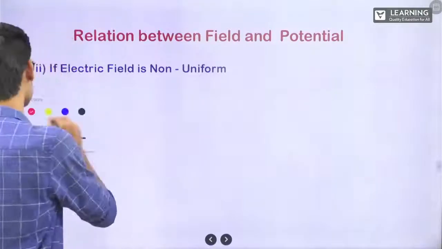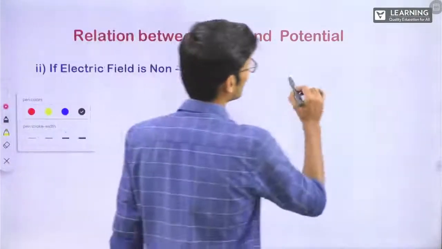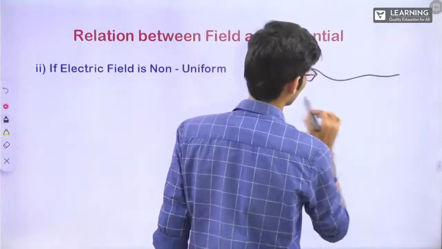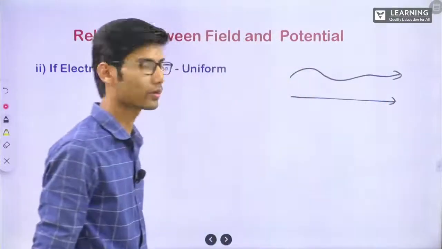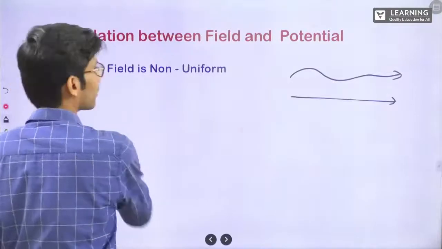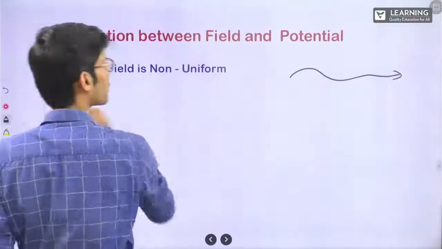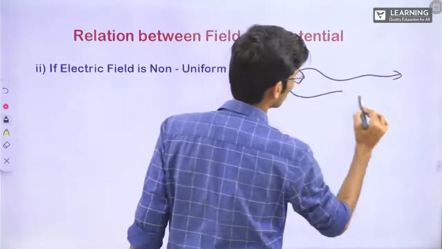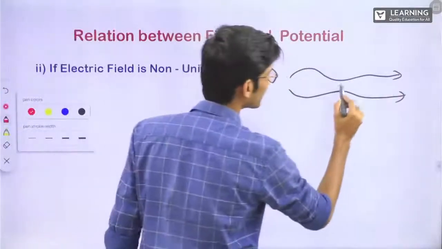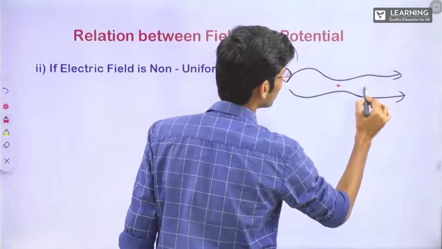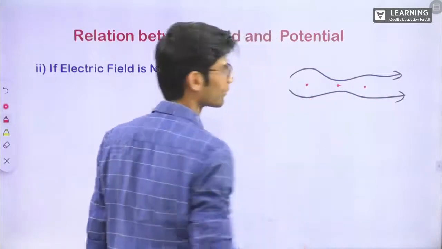Non-uniform means the electric field is something like this. Now, there is a point here, there is a point here, there is a point here.